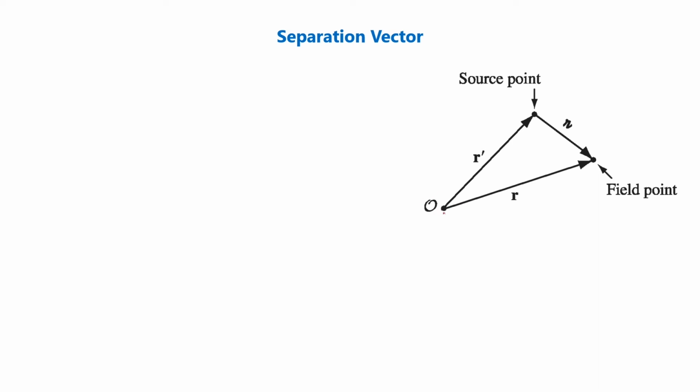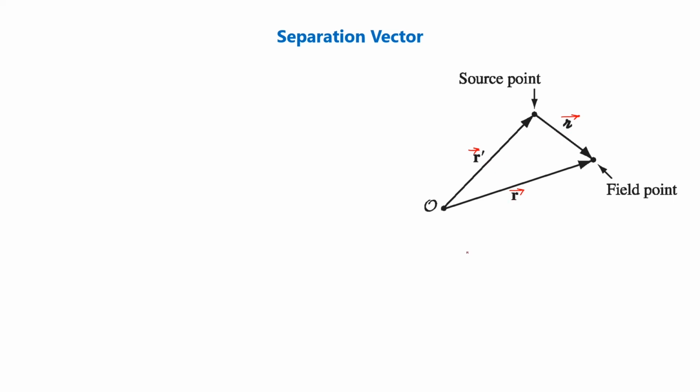If we consider an origin O, then the source point is at a distance vector r prime and the field point is at a distance vector r. The separation between the source point and the field point is represented by vector script r.